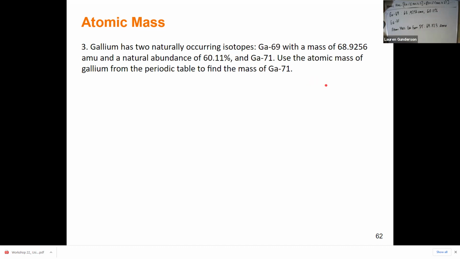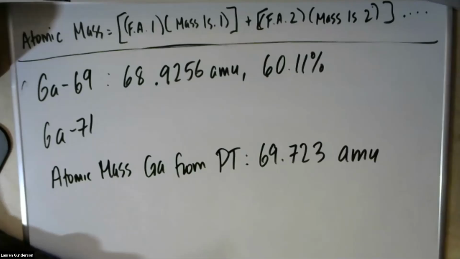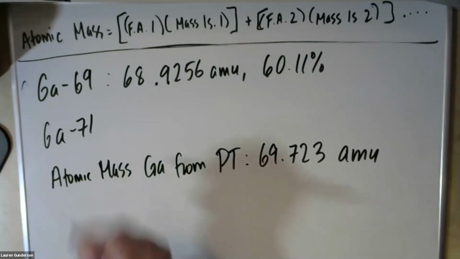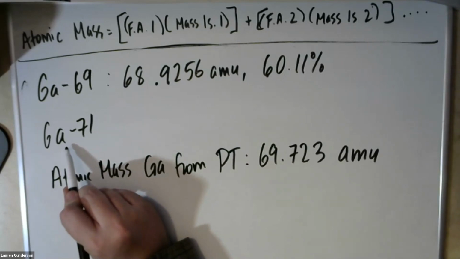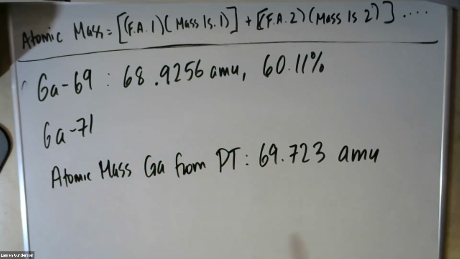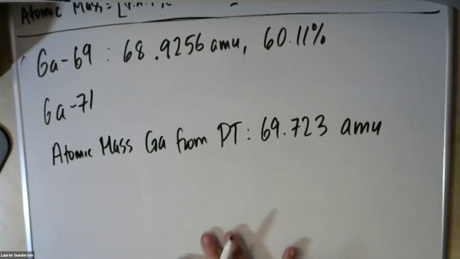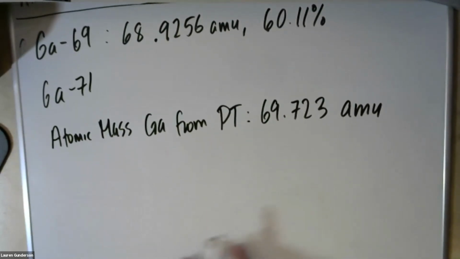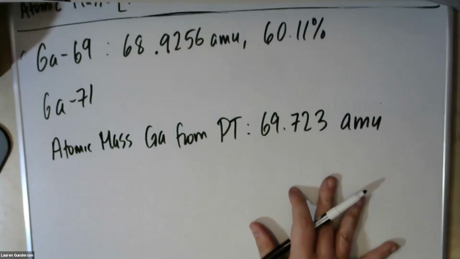And they want us to use this information here to find what the mass value is of this isotope. So we're going to use the same formula that we've been using. It's just that we have slightly different information to start with.